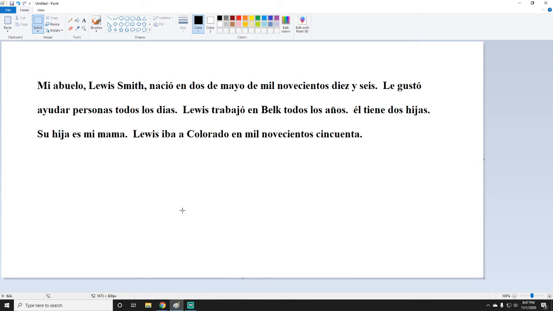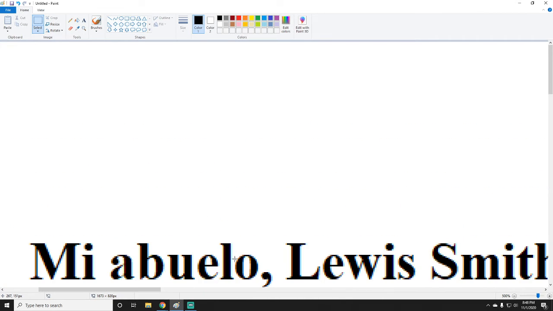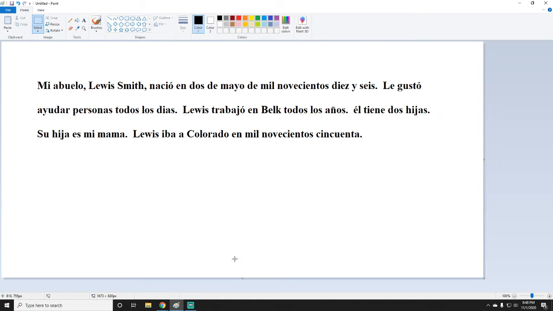Now this is an example I just typed. I don't want to use anyone's actual example to embarrass anybody, but this is using some of the actual mistakes that I've been seeing. All right. So as I'm correcting these, I'm going through like this. Mi abuelo, Louis Smith, nació. Here's a mistake.